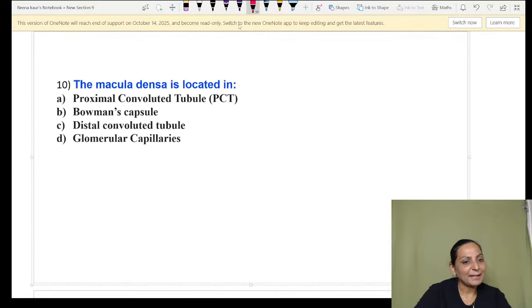The macula densa is located in: PCT, Bowman's capsule, distal convoluted tubule or glomerular capillaries. So densa, D, that is distal convoluted tubule. So what is macula densa?